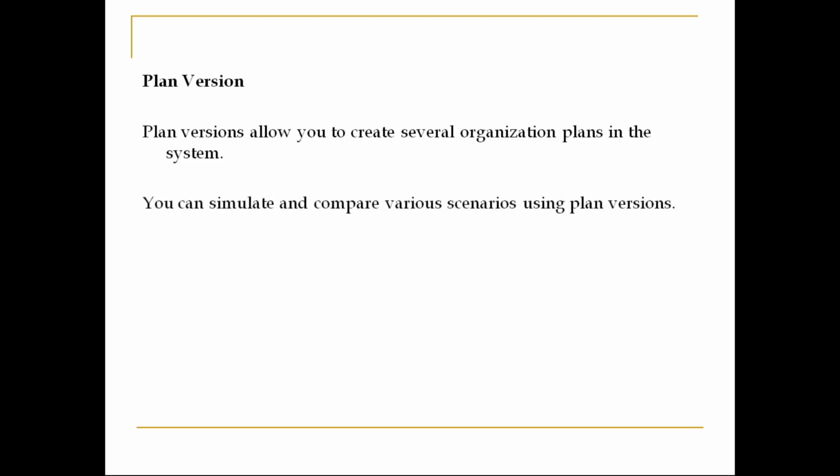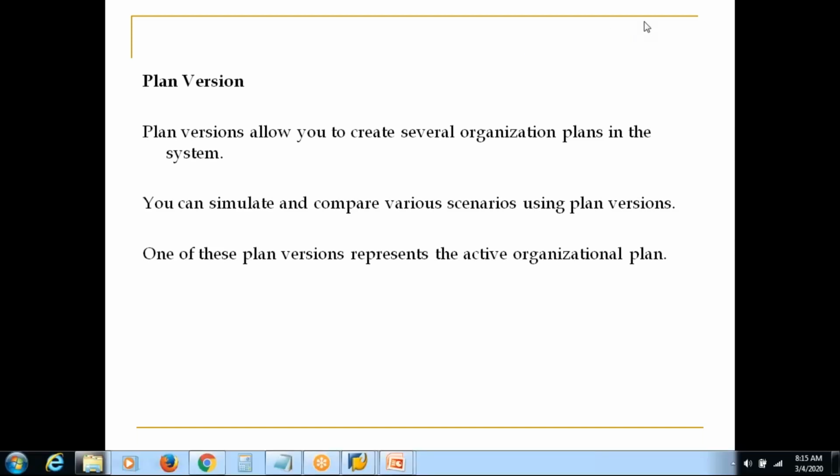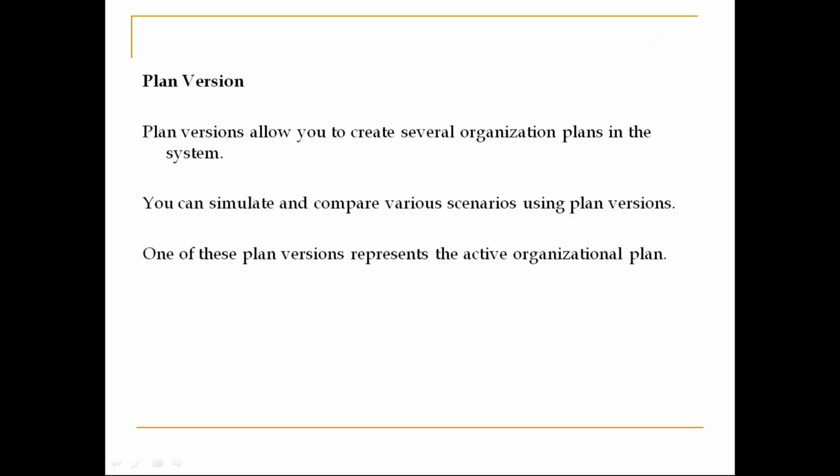You can simulate and compare various scenarios using plan version. One of these plan versions represents the active organizational plan. And then the plan version current plan is set as a default.